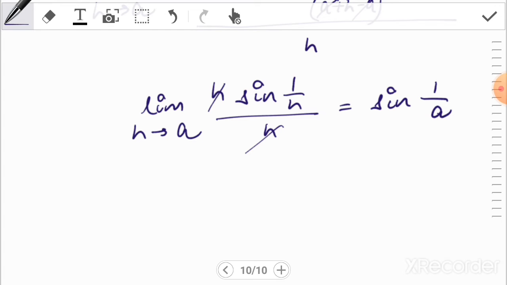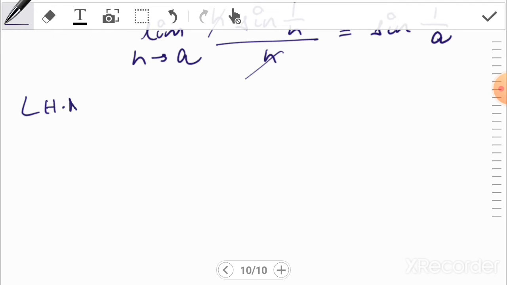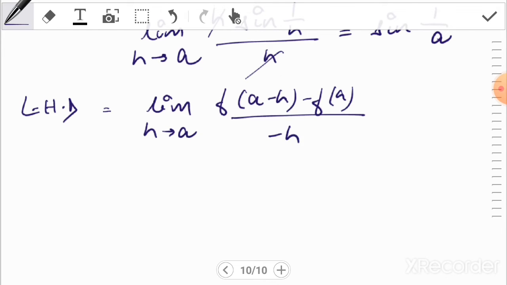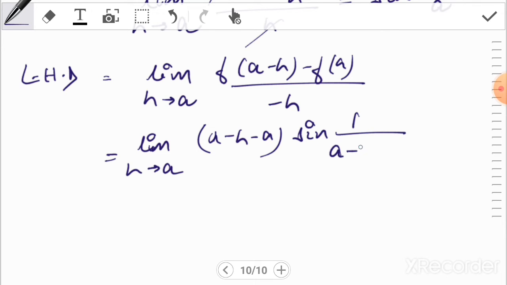Okay. So now for left hand differentiability, limit h tends to 0, f of a minus h minus f of a by minus h. So a minus h minus a sine 1 by a minus h minus a, minus f of a which is 0, by minus h.